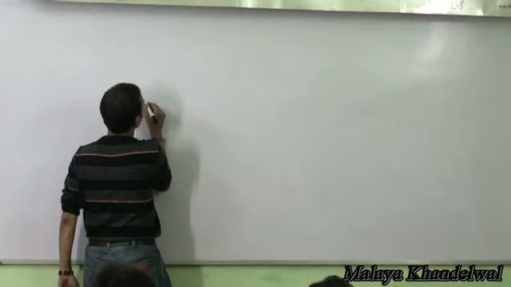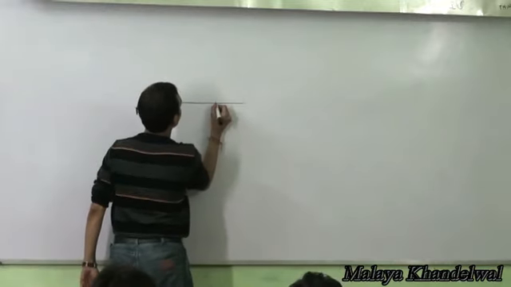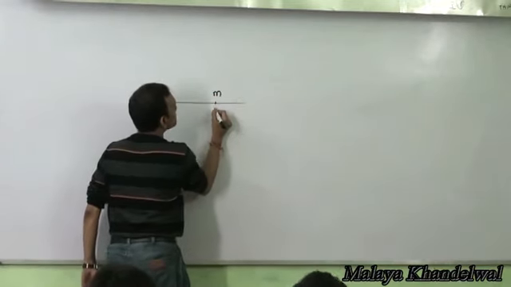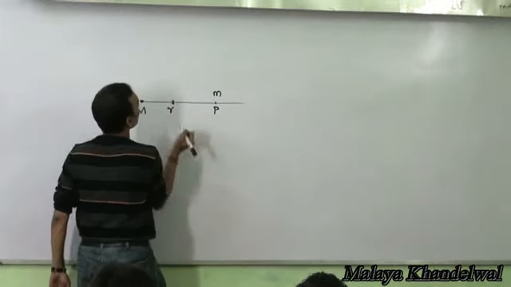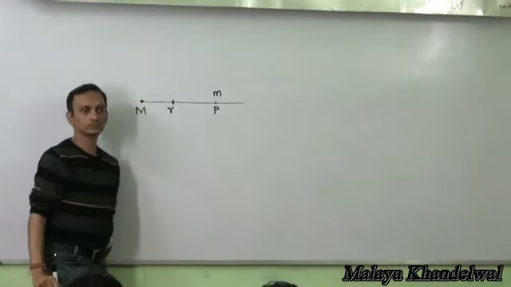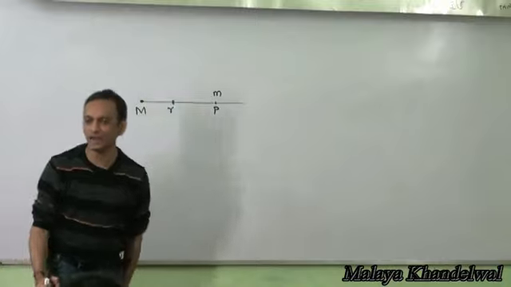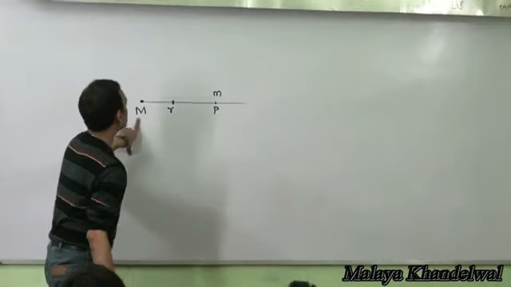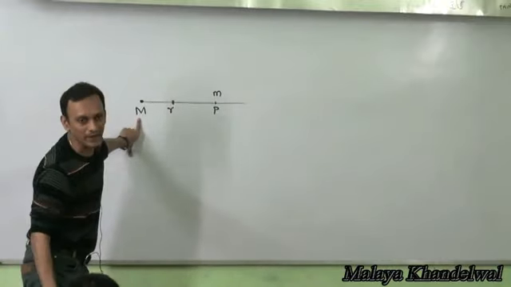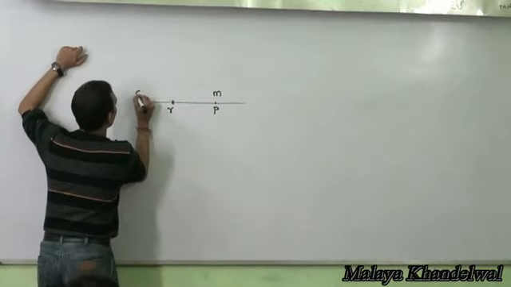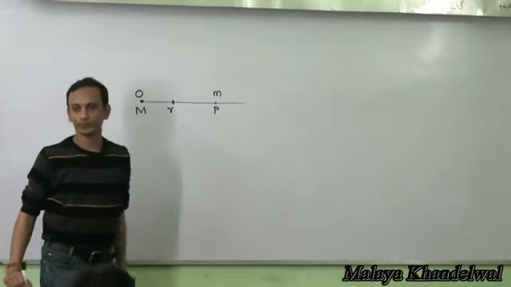Now, let's say a mass small m is placed at P at a distance r from a gravitating mass capital M. Let's say capital M is placed at O. Clear?